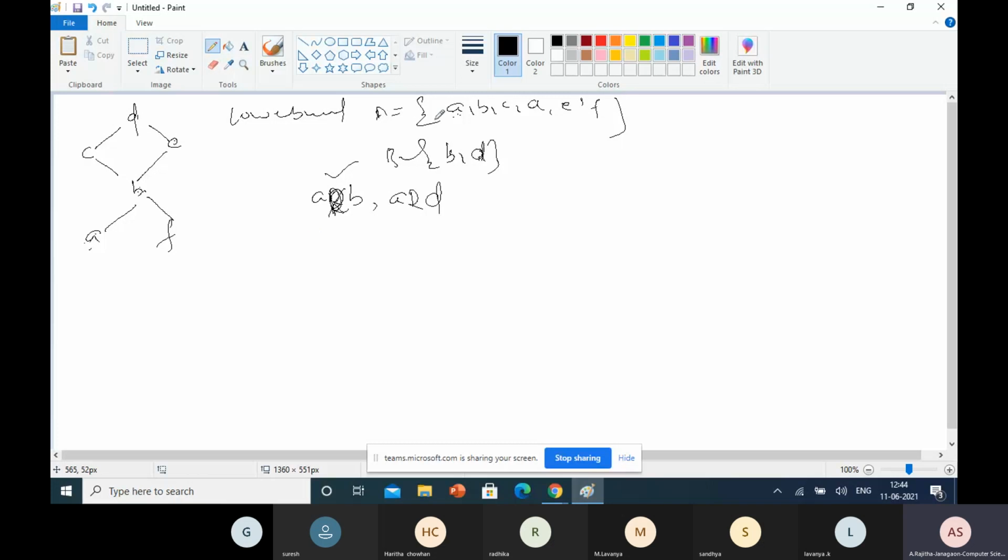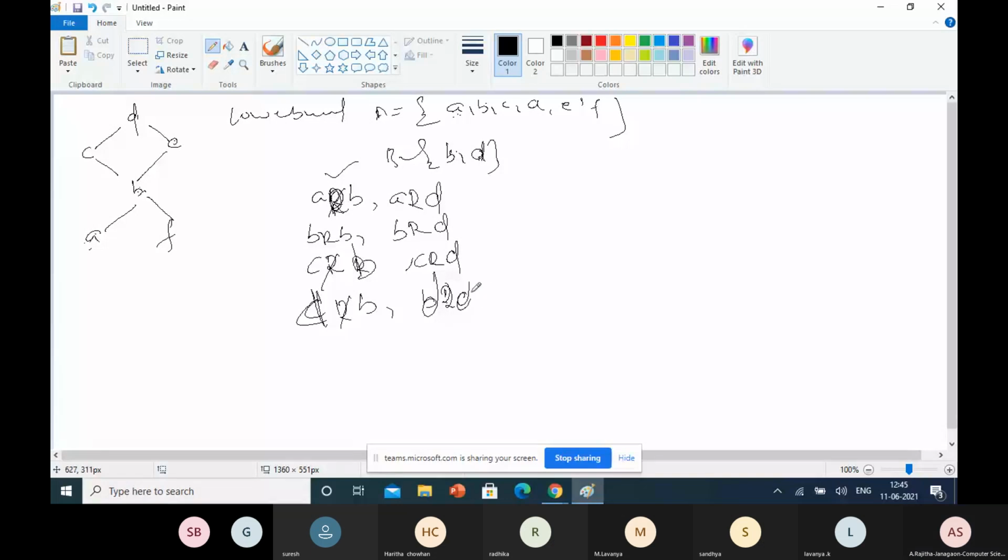Now next one is B. B to B. Next B to D. Next C to C. C to B, there is no relation. C to D, yes. And D to B, there is no downward. And D to B as well as D to D. Then next after D, E is there.